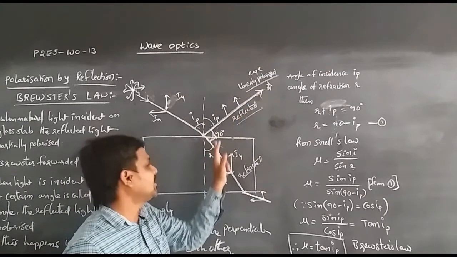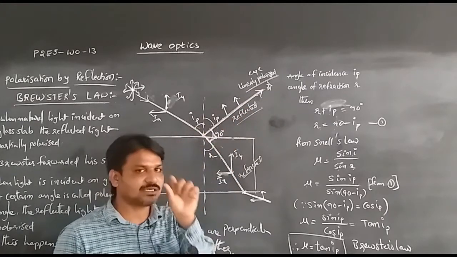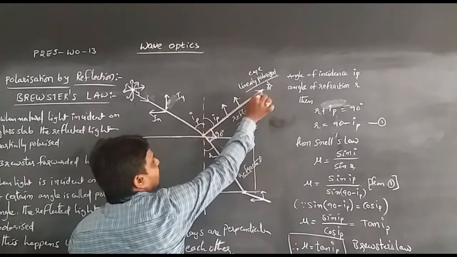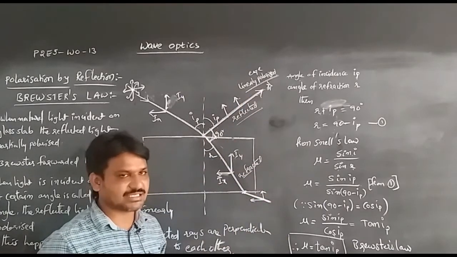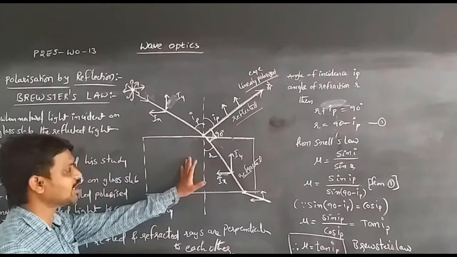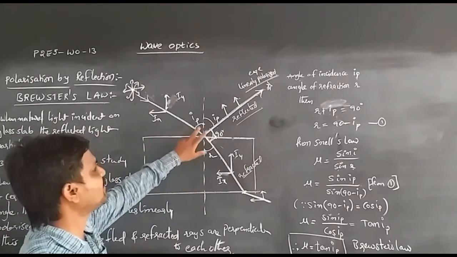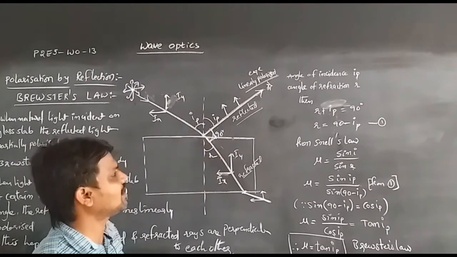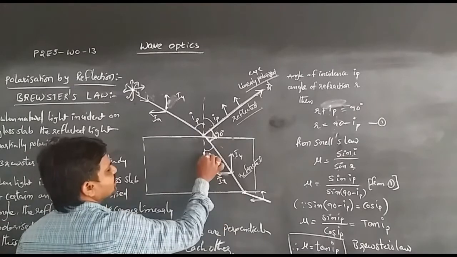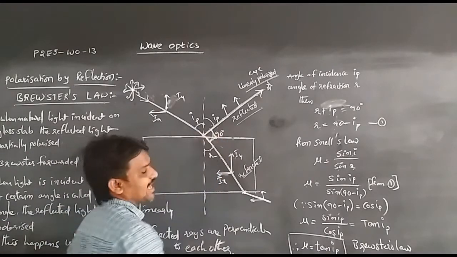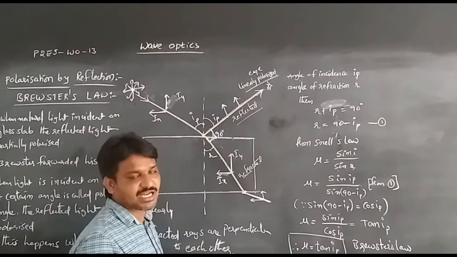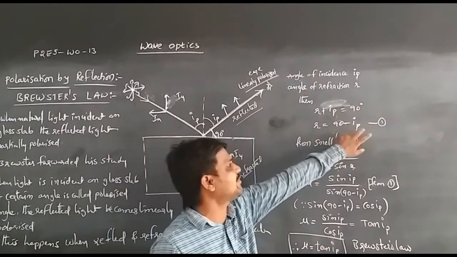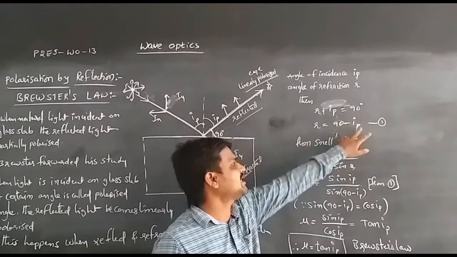When the refracted and reflected lights are perpendicular to each other, only then is the reflected light linearly polarized. According to Brewster, the angle of incidence is the polarized angle IP, and the angle of refraction is small r. So small r plus IP is equal to 90 degrees, so r is equal to 90 minus IP.